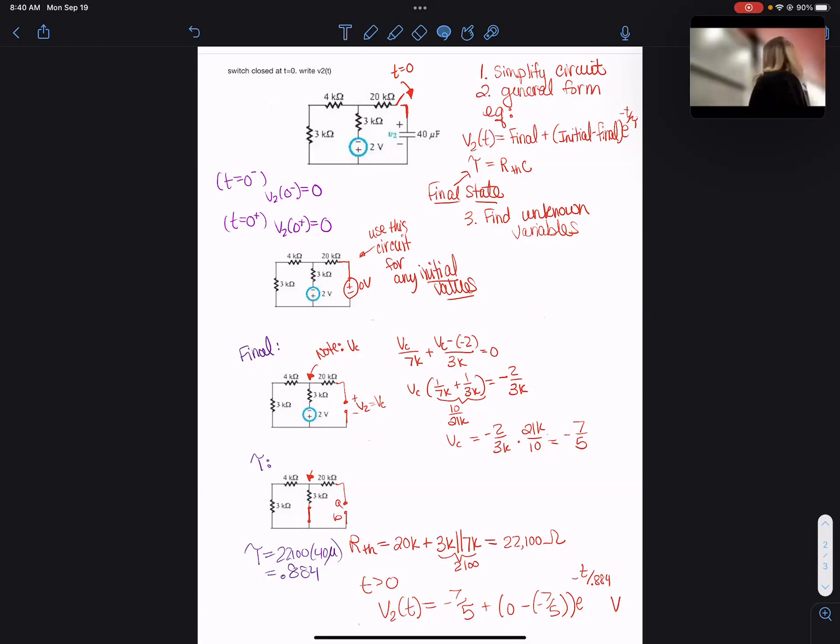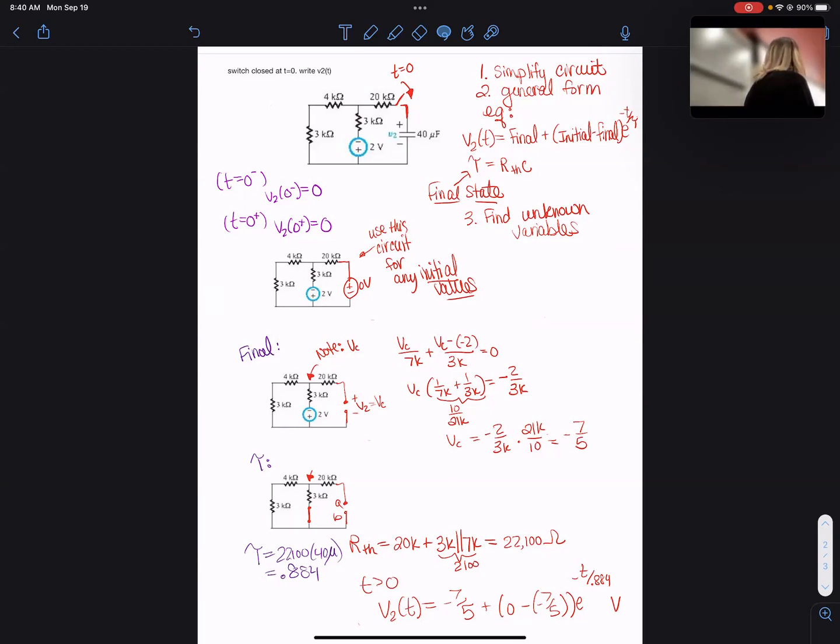And then when you go to t equals 0 plus, remember that is the circuit. If you have any other variable in there, that's the circuit you're going to use to find that initial value. So make sure to make that note. In this case, it ends up being still 0 because we're finding the variable across the capacitor. So initial value 0.